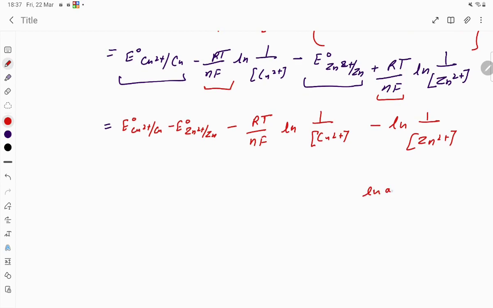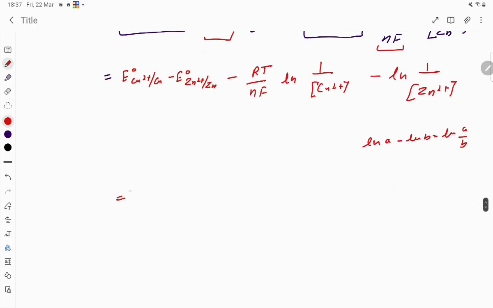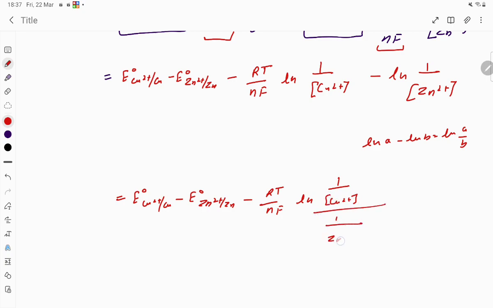So simple mathematics is there. Now you must know ln A minus ln B is equal to ln A by B. So here we can write, students, E naught Cu2+/Cu minus E naught Zn2+/Zn minus RT upon nF ln of 1 upon Cu2+ divided by 1 upon Zn2+.